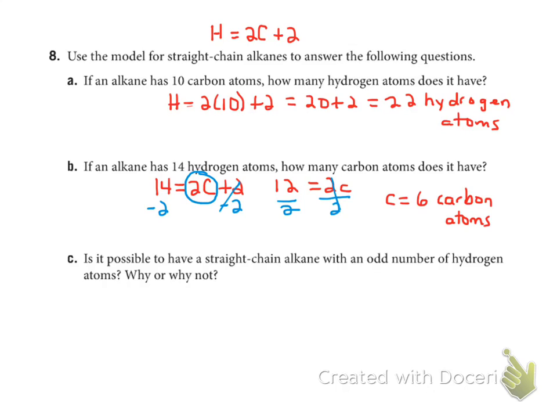Probably not, because if you multiplied 7 by 2, it'd be 14. Exactly. If you multiply by 2, your number's going to be even, and when you add 2, it's still going to be even. So no, it's not possible. Multiplying by 2 and then adding 2 will always result in an even number.